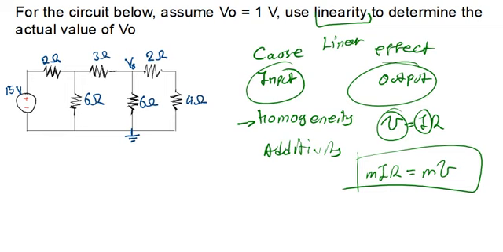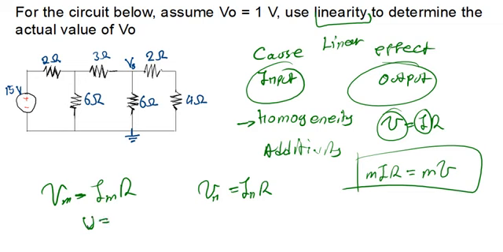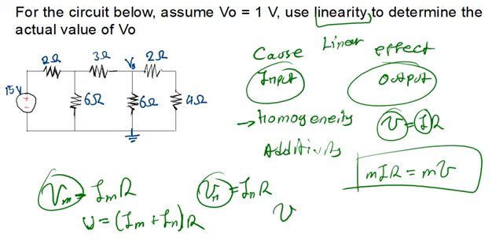For example, if you have a voltage vn equal to in multiplied by r, and another voltage vm equal to im multiplied by r, this can be written as the voltage being equal to im plus in multiplied by r. This simply gives vn plus vm. That's what the additivity property talks about.